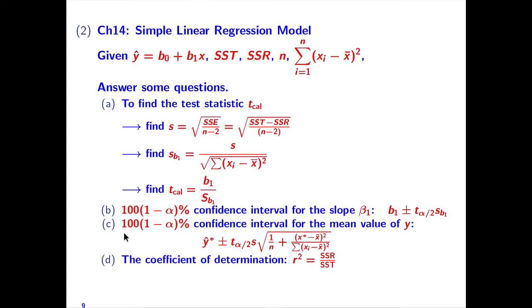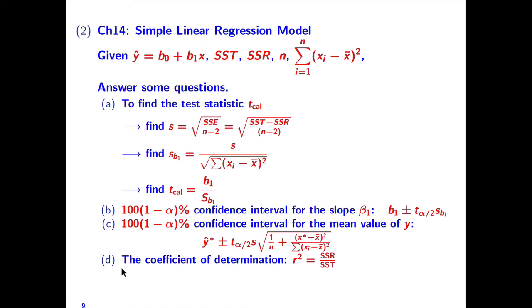Now the 1 minus alpha % confidence interval for the mean value of y is given by this equation: y hat star plus or minus t of alpha over 2 times s times the square root of 1 over n plus (x star minus x bar) squared over the sum of (xi minus x bar) squared.